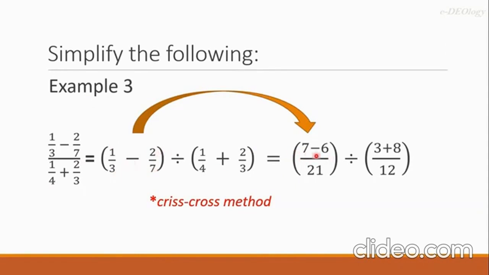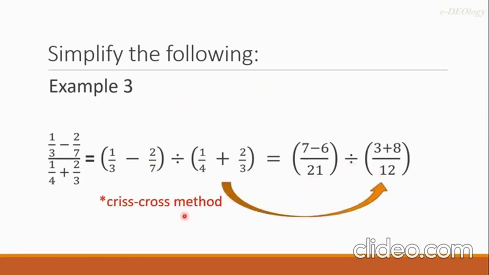So this is 7 minus 6, and then 3 times 7 is 21. Then divided by, for the second group, we also use the crisscross method. 1 times 3 is 3. 4 times 2 is 8. So this is addition, so I put the plus sign. Then 4 times 3 is 12.